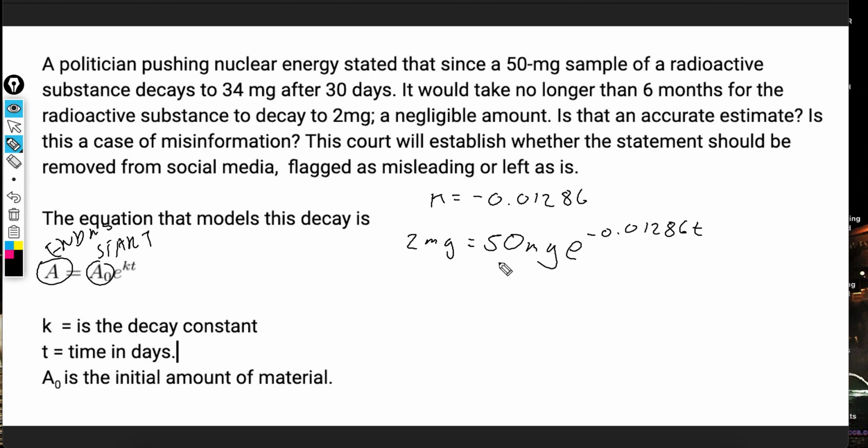Now we're going to divide both sides by 50. Basic math once again, mg, 50, mg, boom. 2 divided by that will be 0.04. Units cancel out. e to the negative 0.01286 times T. So far, so good? Wonderful.